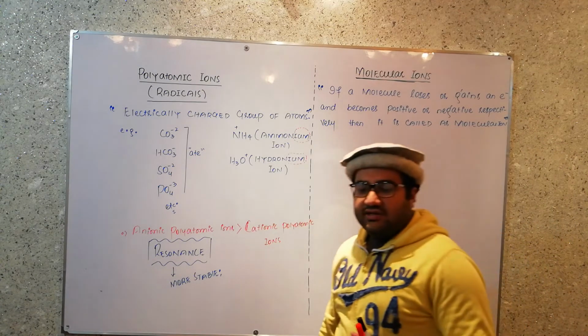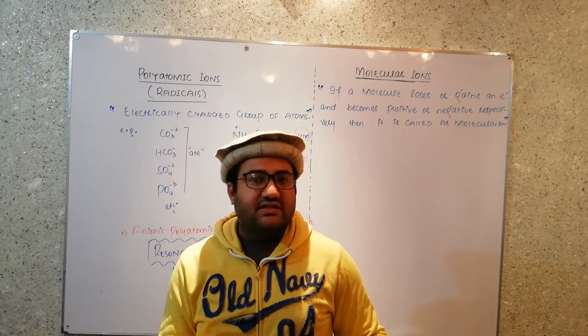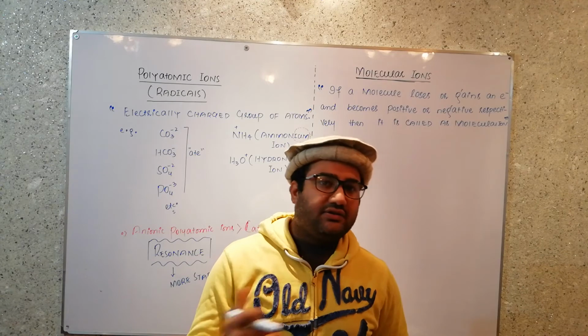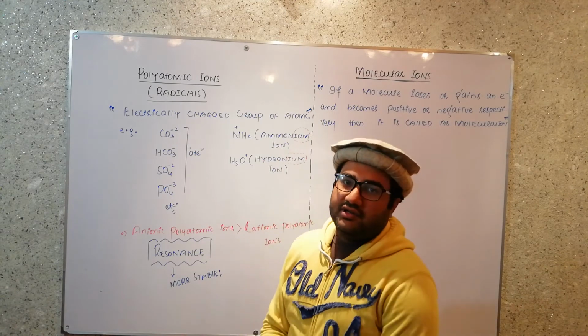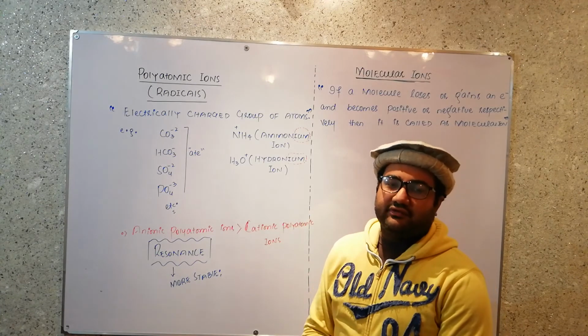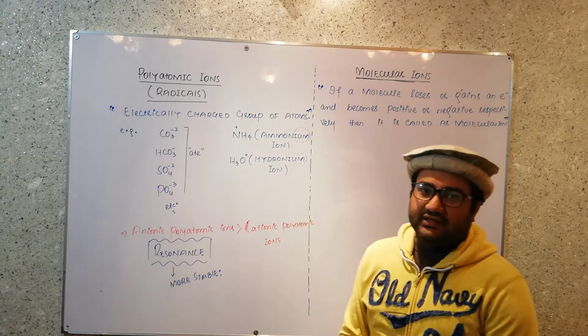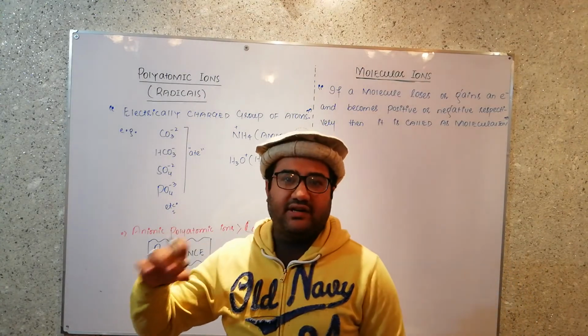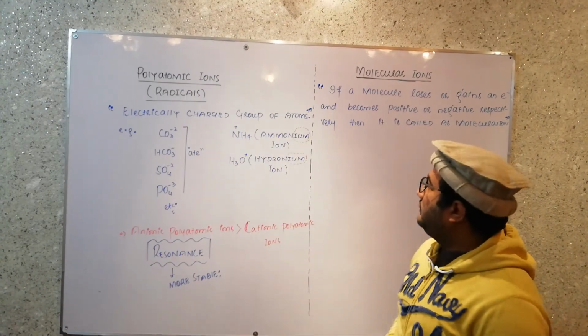So it is actually the molecule which was once neutral, but now it has lost an electron or gained an electron. If it loses an electron, it will become positive. If it gains an electron, it will become negative. And when it becomes positive or negative, it is called a molecular ion.